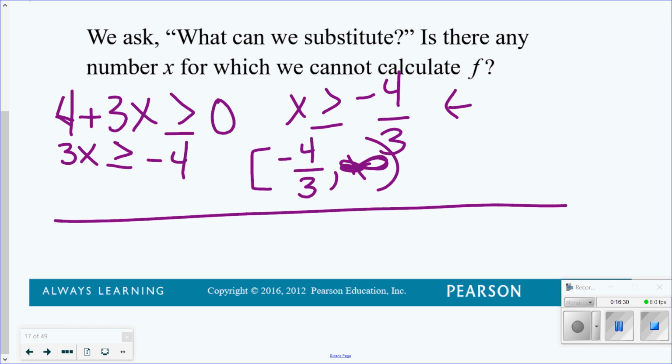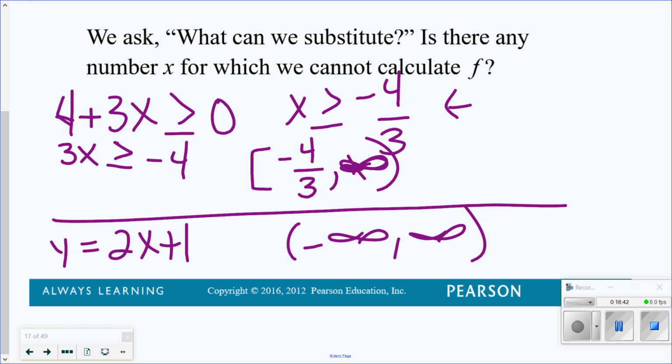So let's suppose we had this. Y equals 2x plus 1. The domain of that is all real numbers. That's not a fraction. It's not under a radical. So I want you to learn where these rules of domain start with the idea that it is all real numbers.